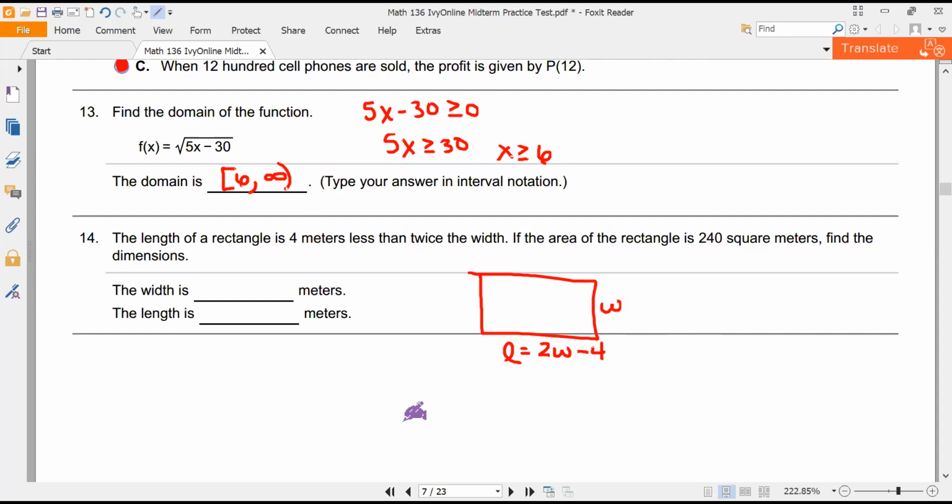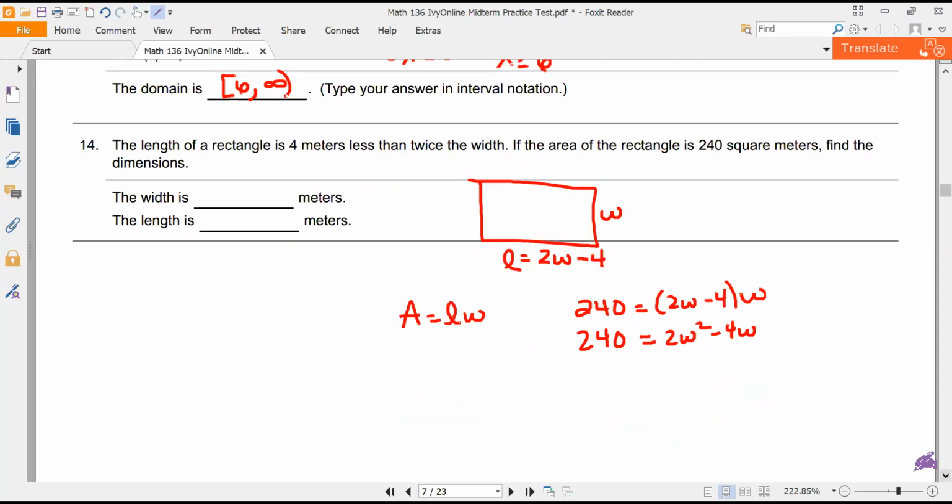Now that's important because area of a rectangle is length times width. So 240 is my area. My length is 2w minus 4 because we want to use the w's so that they match, and my width is w. So I'm going to distribute on the right side, so that'd be 2w squared minus 4w. We can get everything together by subtracting that 240.